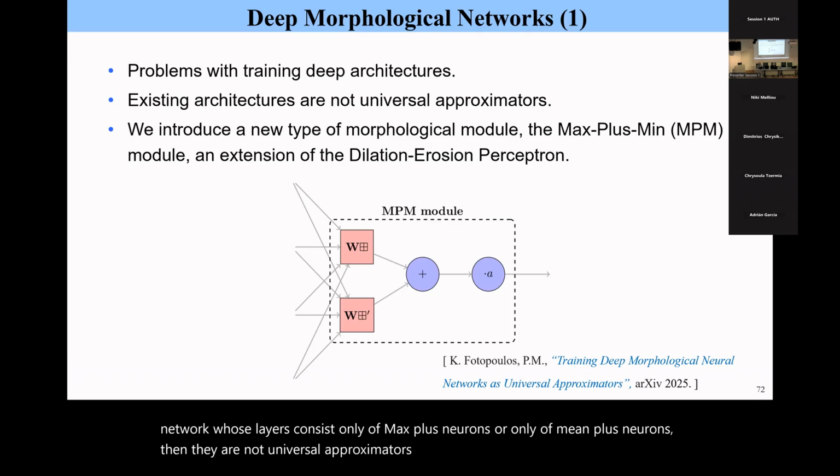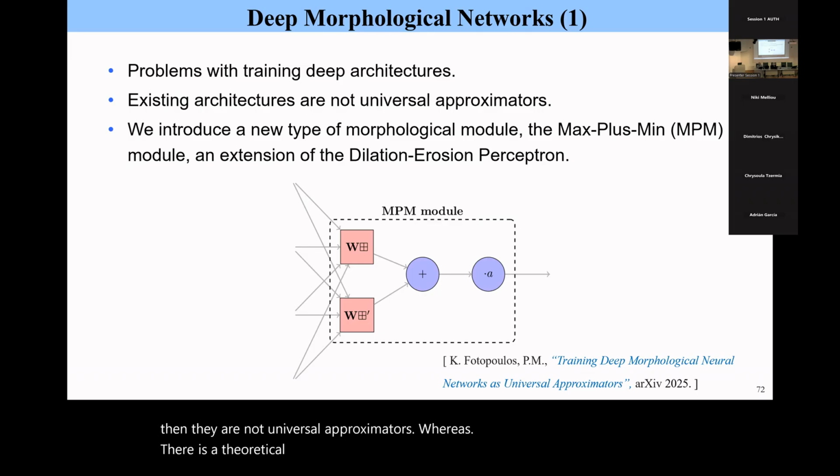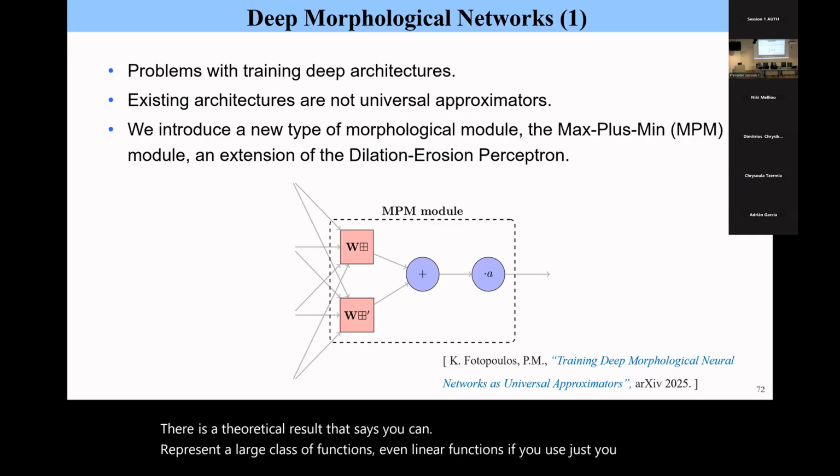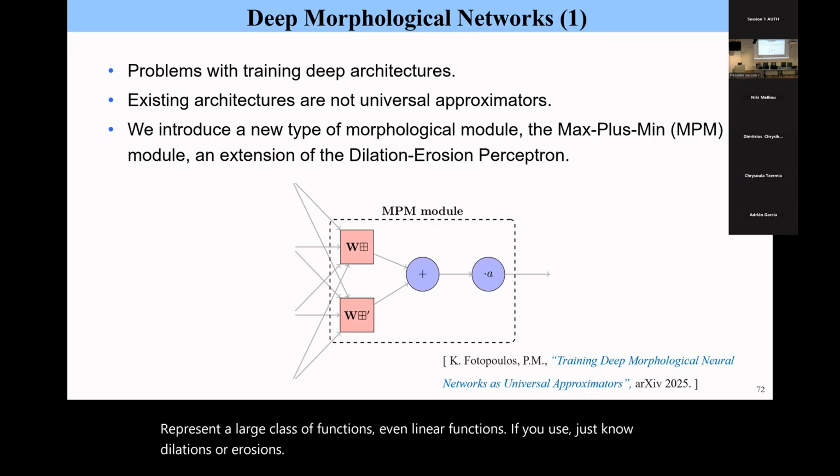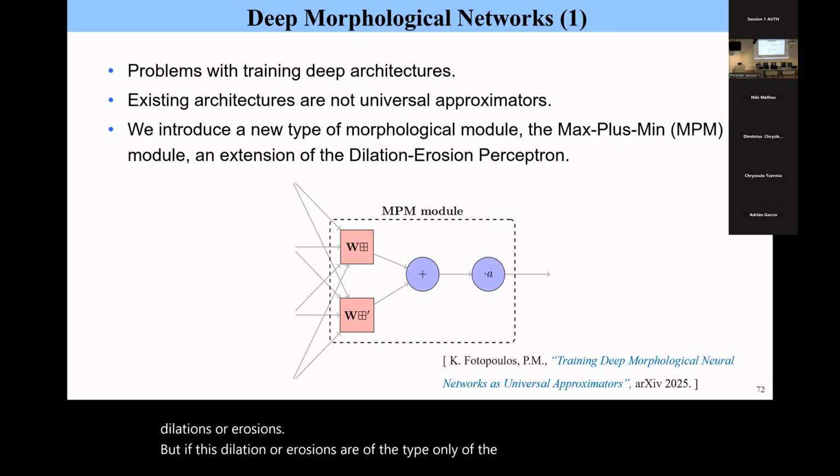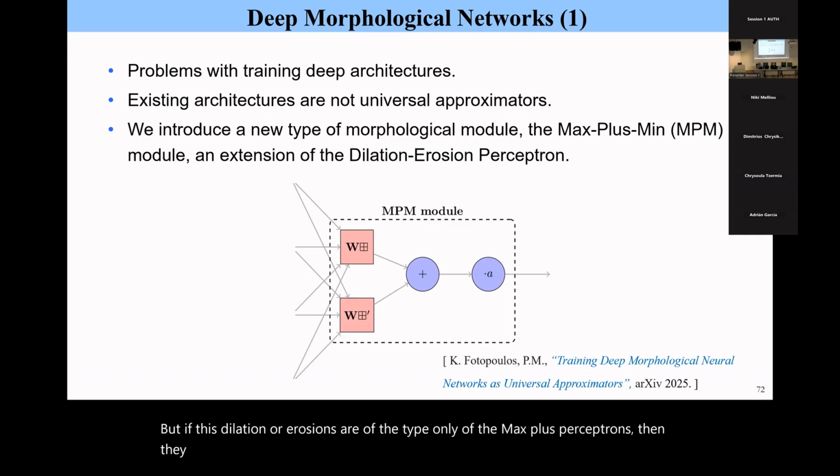Whereas there is a theoretical result that says you can represent a large class of functions, even linear functions, if you use just dilations or erosions. But if these dilations or erosions are of the type only of the max plus perceptrons, then they cannot become universal approximators.